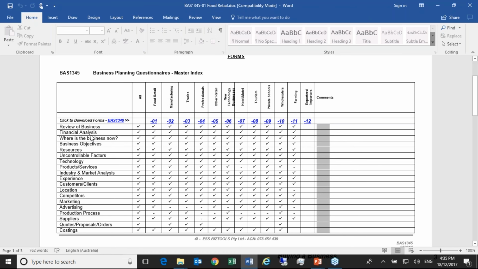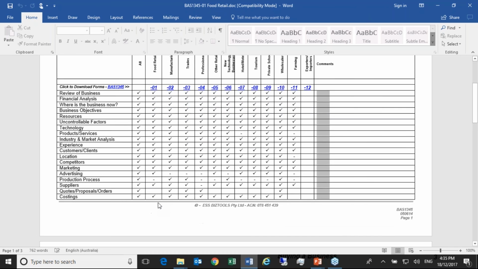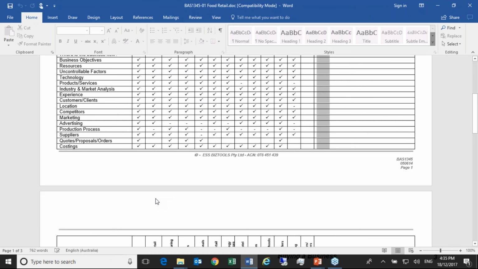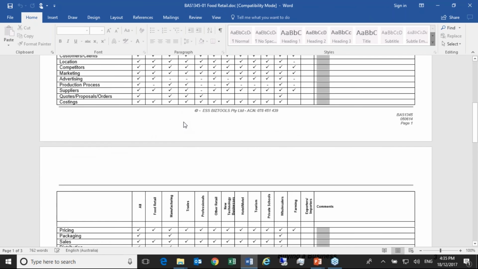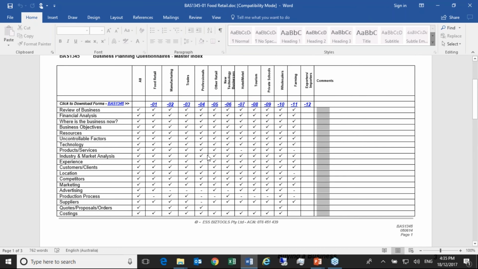Where we've got the ticks here, of course, they represent that we have prepared detailed business planning questionnaires on each of those items, which in the buying a business package, you would get access to all of this material, so that you could utilize the questionnaires to assist you by prompting questions from your client and the management team of this business, so that you are able to prepare a business plan for your client relative to the acquisition of this business.